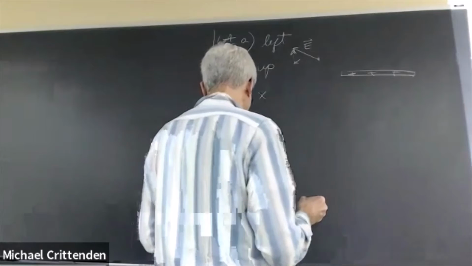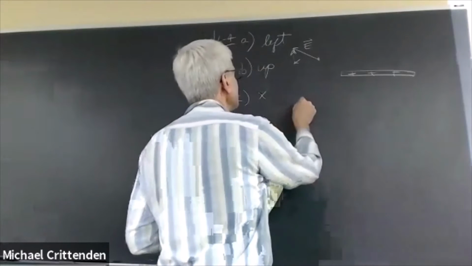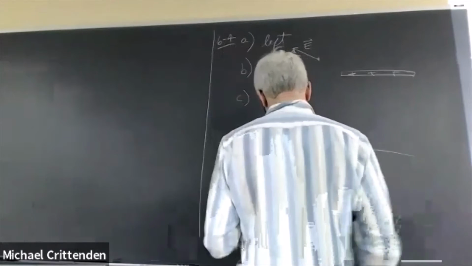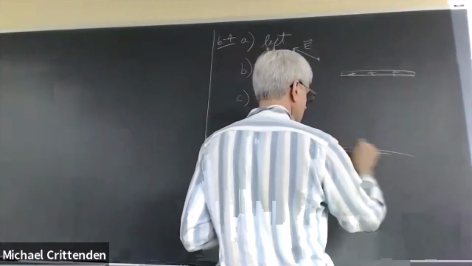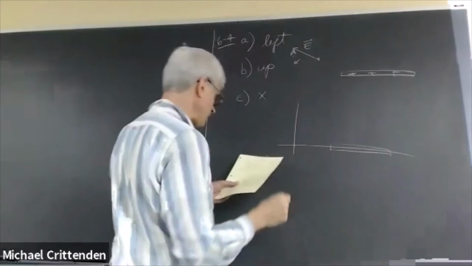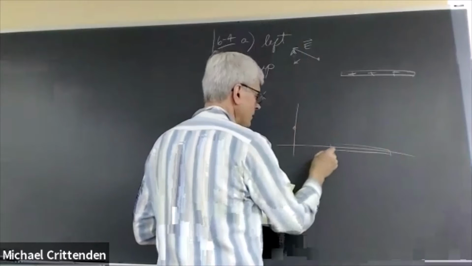So here's the rod kind of going along the x-axis. Point P is up here.